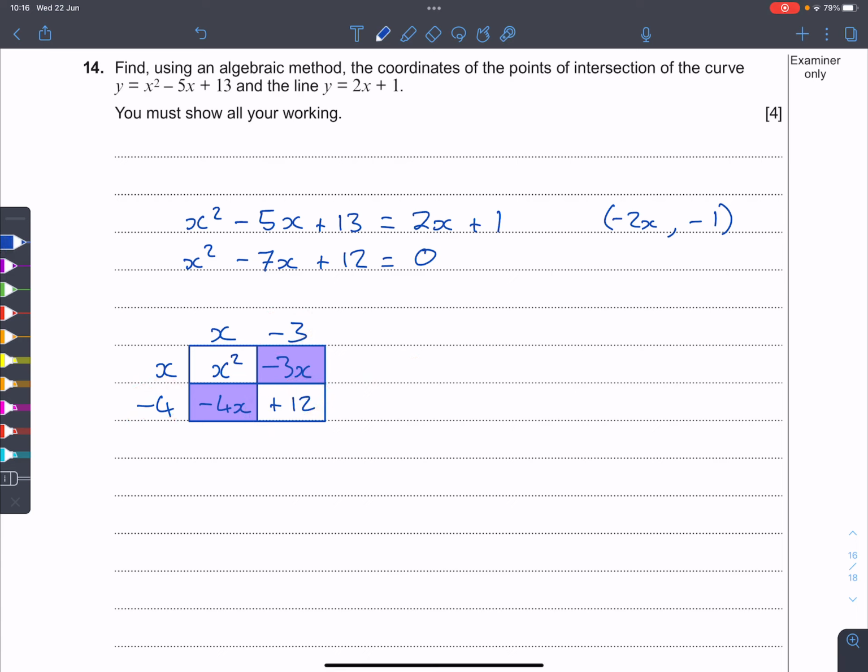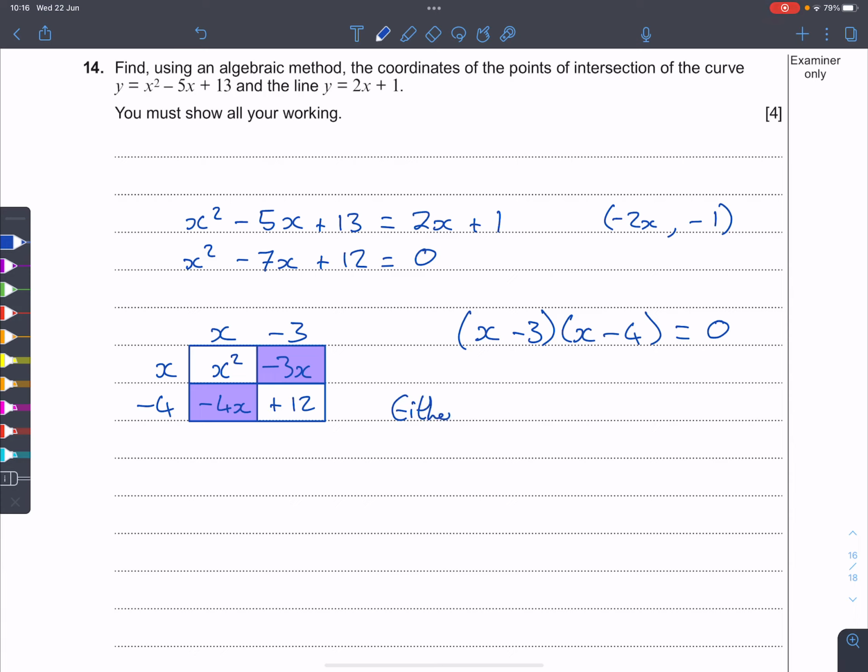So now I can solve to find a value for x. I can rewrite x squared minus 7x plus 12 as x minus 3 times x minus 4, and that equals 0. It's the equals 0 that's important, because that allows us to say that if we have a product that gives 0, something in that multiplication has to be 0.